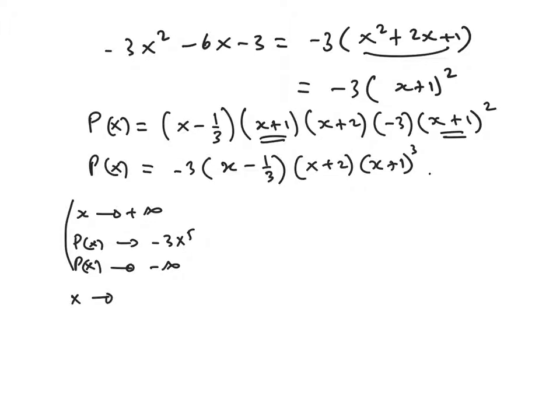Now as x takes very small values, negative infinity, again p of x will behave in a similar way as the term with the highest power. Because of the negative sign and the power 5, p of x this time will take large values, plus infinity. Now we start sketching the polynomial.